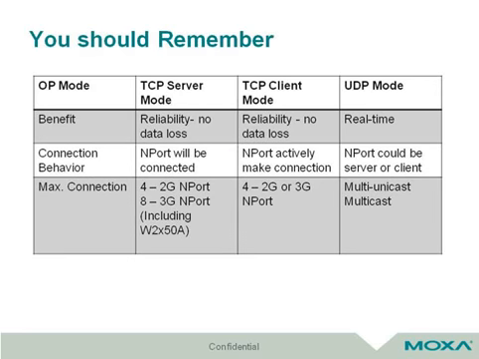Here is just a recap of some points. For TCP applications, the appropriate mode depends on whether the connection will be initiated from the NPort serial port or from the network. The main difference between the TCP and UDP protocols is that TCP guarantees delivery of data without loss.